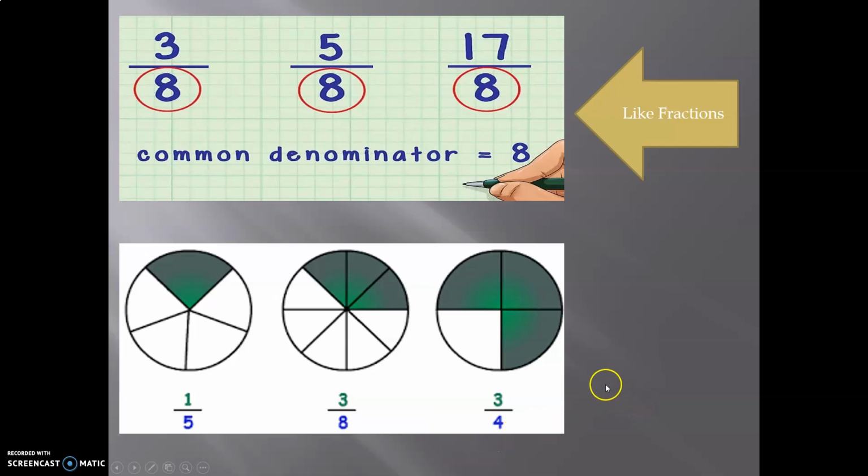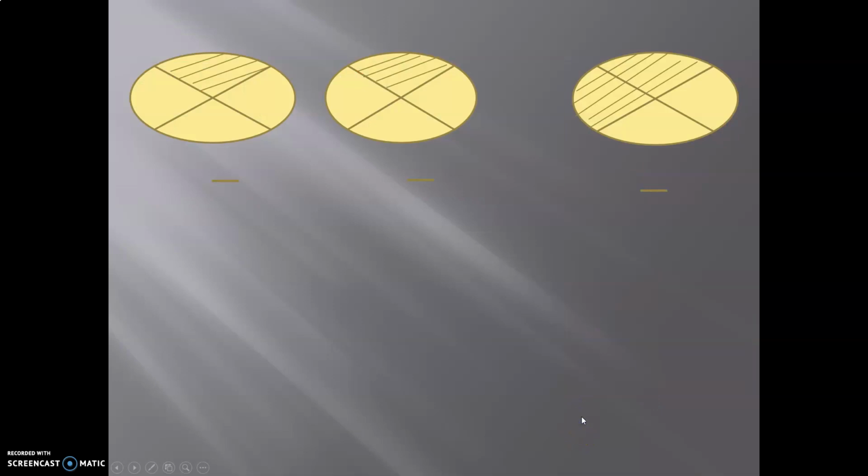So what do I call fractions that have different denominators? We call them unlike fractions. And if you remember, we can easily compare like fractions, but unlike fractions we can't compare easily. Also today, we are going to add and subtract the like fractions.